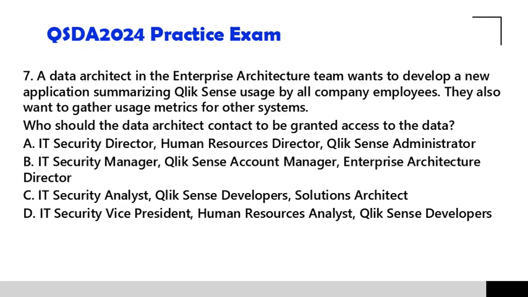B. Its Security Manager, Qlik Sense Account Manager, Enterprise Architecture Director. C. Its Security Analyst, Qlik Sense Developers, Solutions Architect. D. Its Security Vice President, Human Resources Analyst, Qlik Sense Developers.